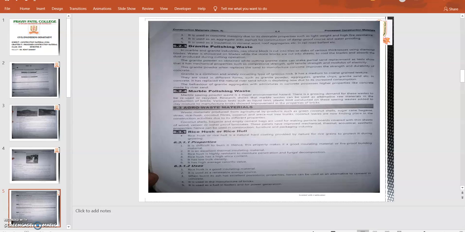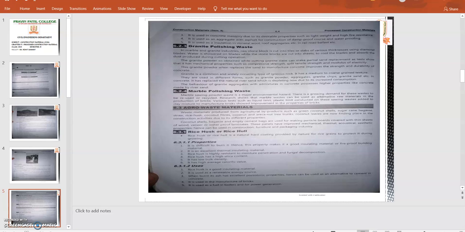Then rice husk or rice hull is a natural hard coating provided by nature for the rice grain to protect it during growing. So it has the following properties. First, it is difficult to burn, and hence this property makes it a good insulating material or fireproof building material.